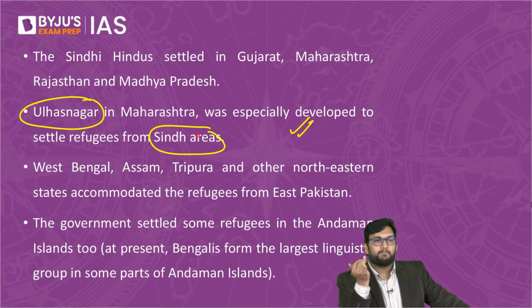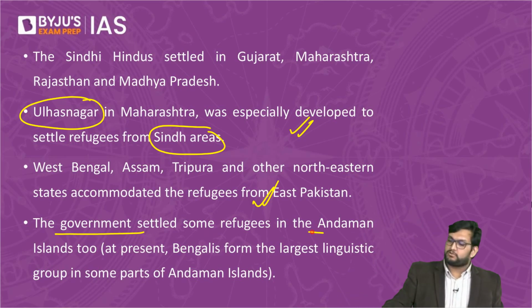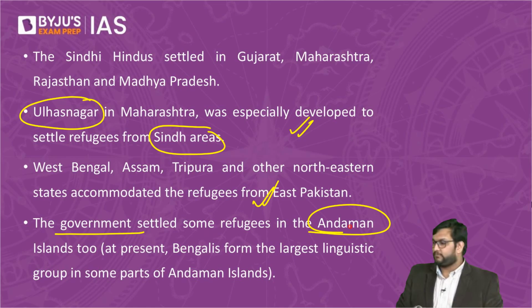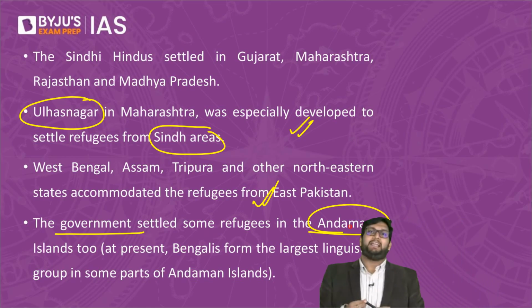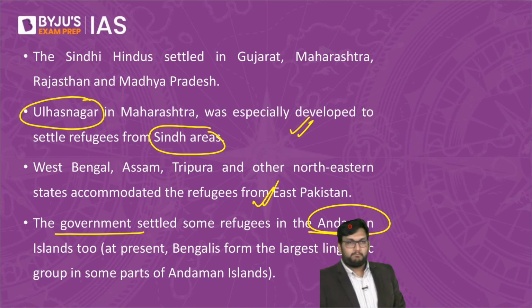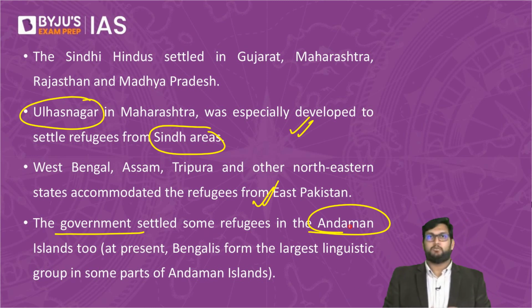In West Bengal, Tripura and Assam, the East Bengal, East Pakistan refugees came. And the ironic part is that a lot of them were also sent to the Andaman and Nicobar Islands, and that is why the most spoken language in the Andamans is actually Bengali, because these were the Bengali Hindus who crossed over.